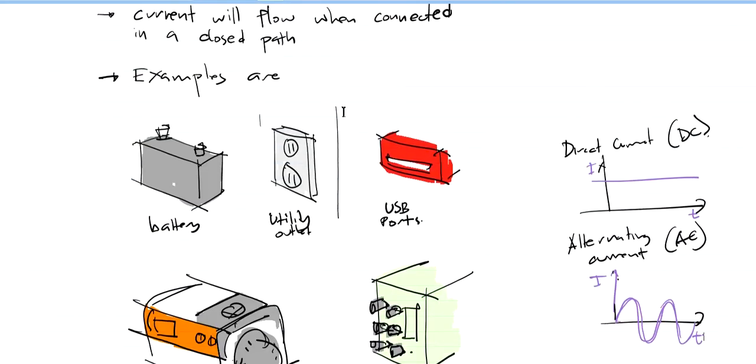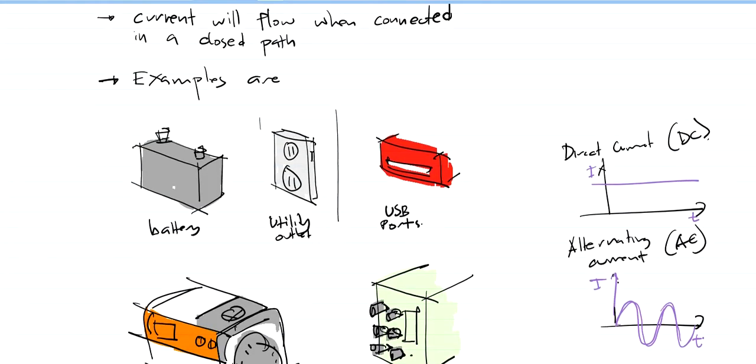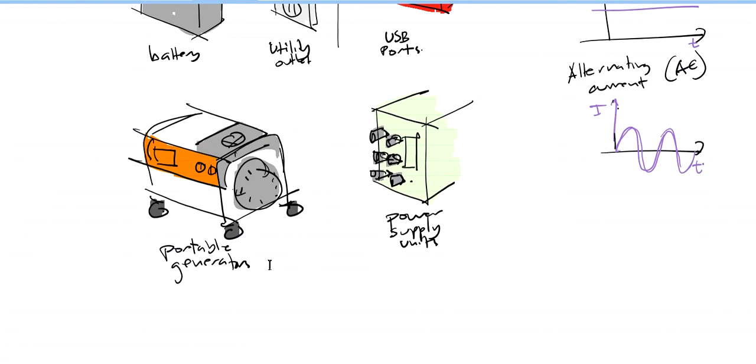So those are voltage sources, and portable generators. When I say portable generator, it's simply a generator. Let's say here's our generator. It resembles an electric motor, except that the idea is different, because for the generator you have to input shaft power.